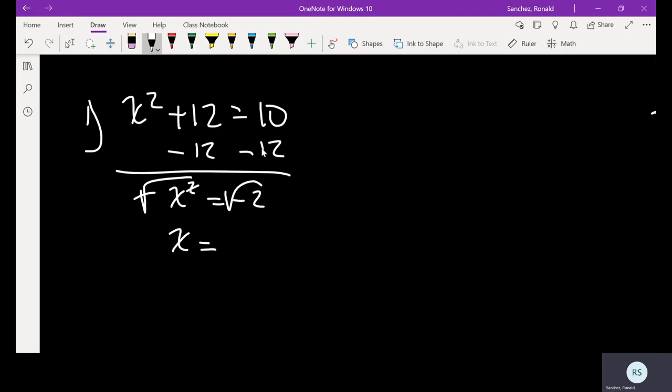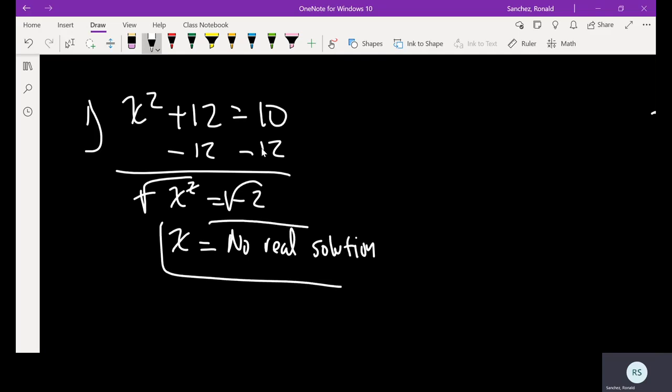So I'm left with x is equal to, remember that if we're doing the square root of a negative value, then we say there is no real solution. Maybe I shouldn't say x is equal to, but I'm just going to say there is no real solution.